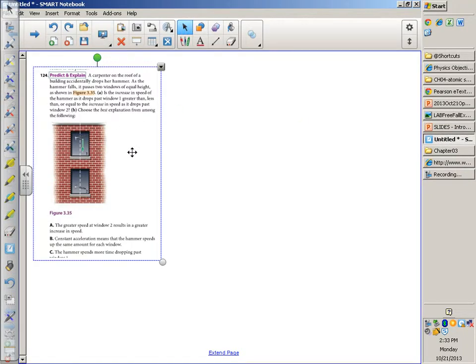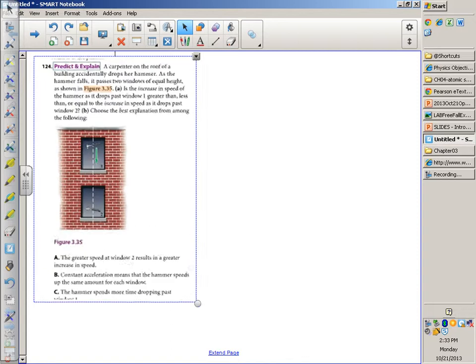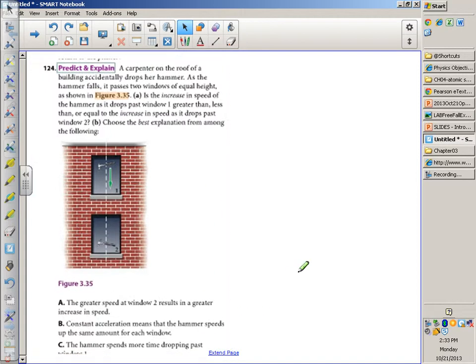Question number 124 says, a carpenter on the roof of a building accidentally drops her hammer. As the hammer falls, it passes 2 windows of equal height as shown in figure 3.35.